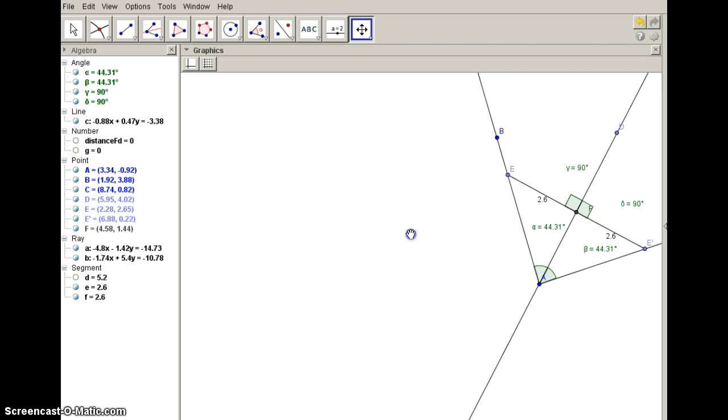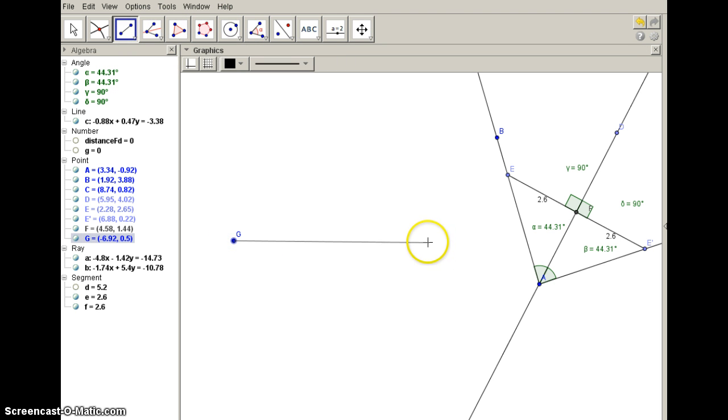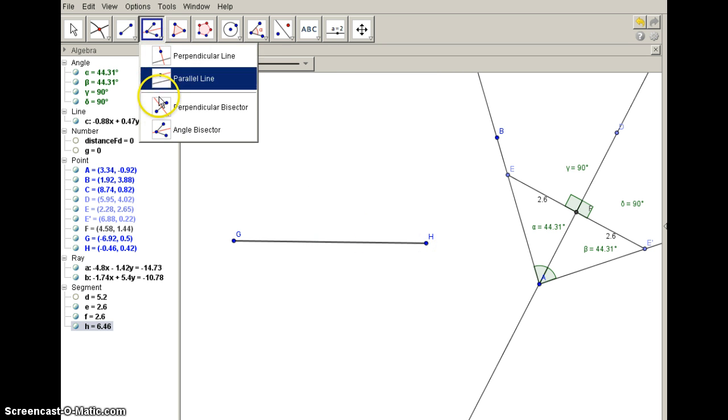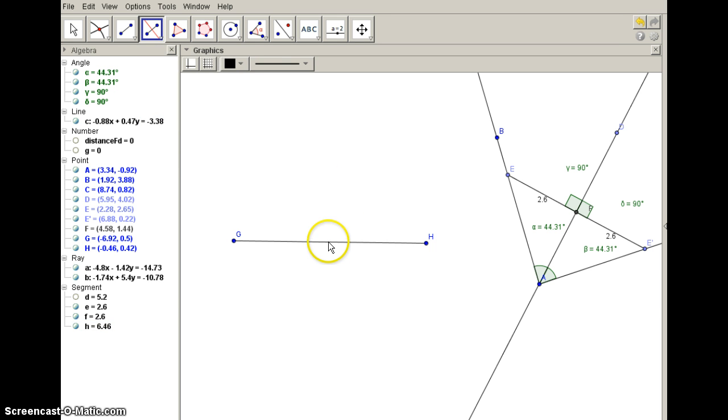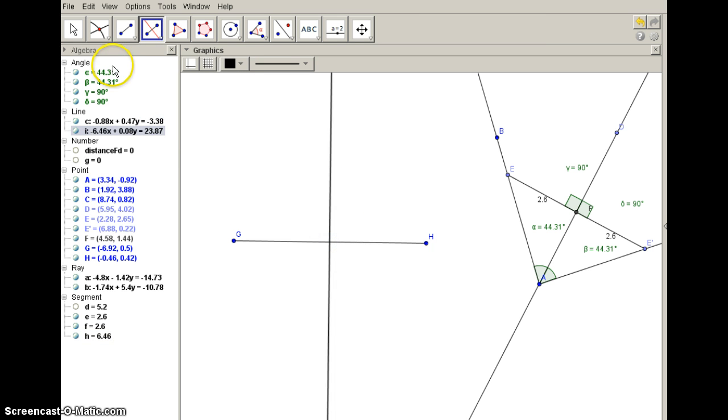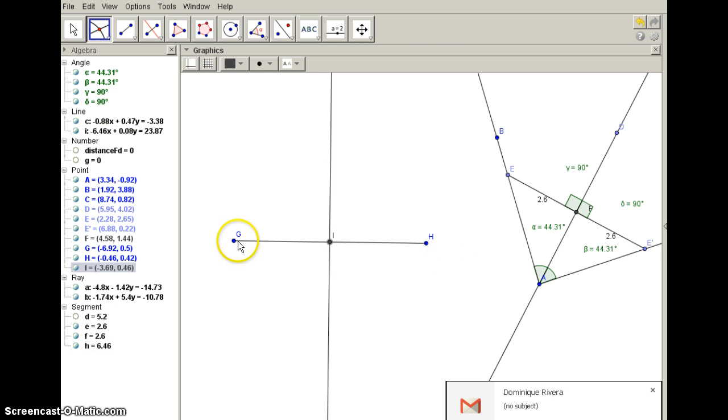So now let's take a look here. This is what our task said we had to prove. So I'm just going to take a segment here, right? Now, if I were to take the perpendicular bisector to it, so let's take the perpendicular bisector to this. By definition, the perpendicular bisector bisects this segment, it cuts it in half.